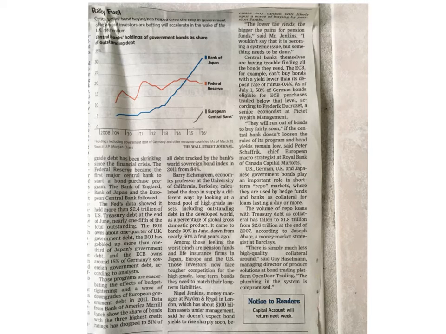And that something else is going to be lower quality bonds or lower quality financial assets. And those lower quality financial assets could be things like mortgage-backed securities.